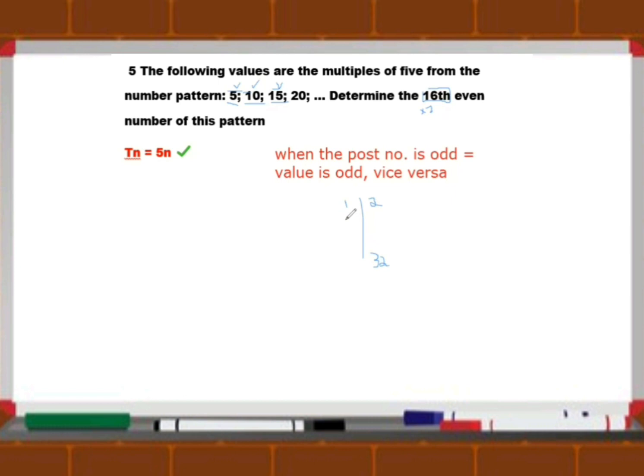These 1, 2, 3, 4 represent the position numbers. So we know, okay, fine, we have 16 even values and then 16 odd values. On one side it is even numbers, and on the other side it is odd numbers.